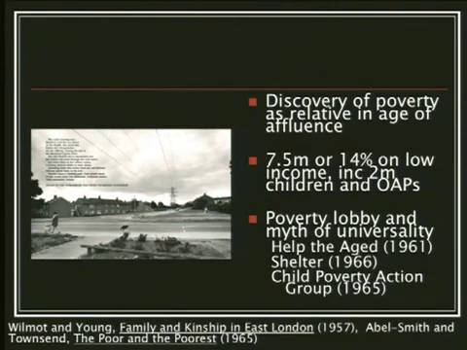They were trying to say that despite the universal claims of the welfare state, these three critical groups, the aged, the homeless, and children, remain disadvantaged within the welfare state. Old age pensioner.